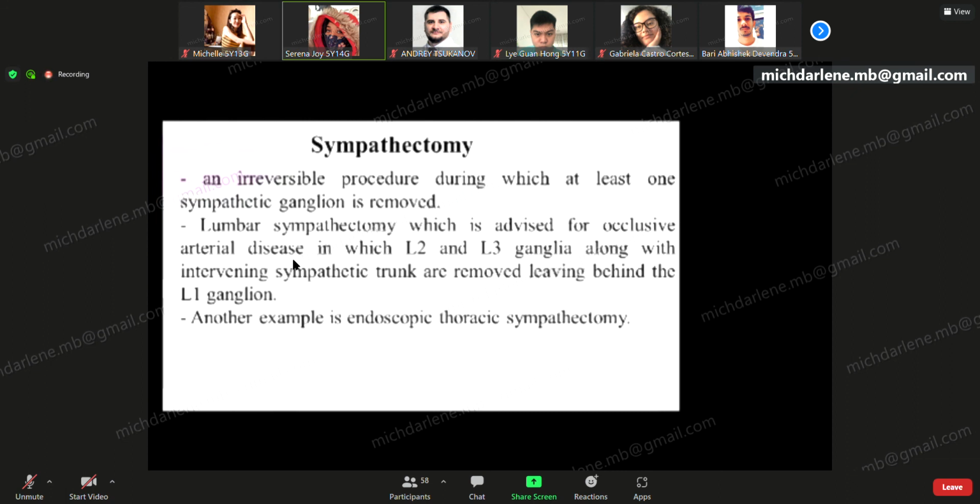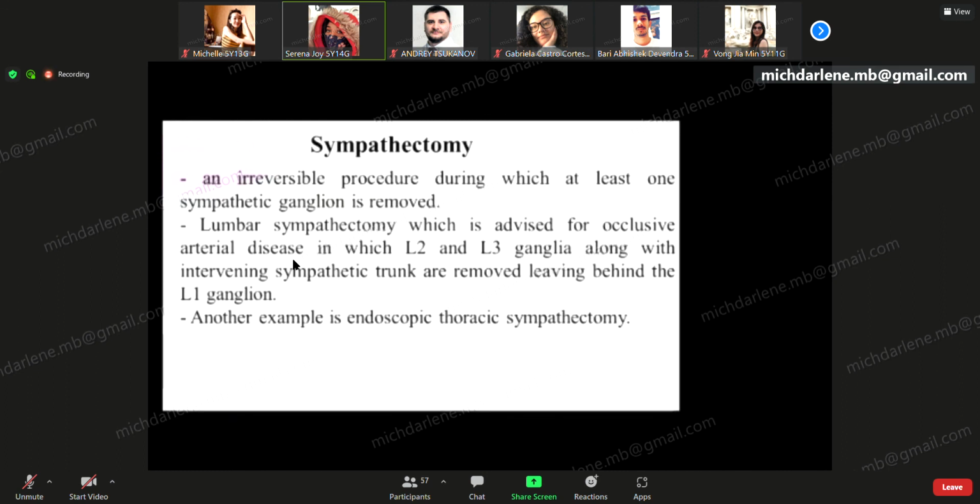Sympathectomy is a palliative operation and an irreversible procedure during which at least one sympathetic ganglion is removed. Lumbar sympathectomy, which is advised for obliterative arterial disease, is one in which lumbar 2 and lumbar 3 ganglia along with the interlinked sympathetic trunk are removed, leaving behind the L1 ganglion.